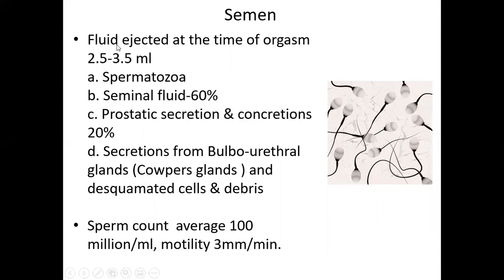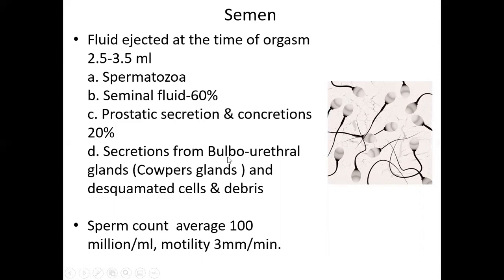And then for the semen, this is the fluid that will be ejected at the time of male orgasm, and 2.5 to 3.5 ml of semen will be ejaculated. This fluid contains the spermatozoa and also the seminal fluid, which comprises 60%, and also prostatic secretion, which comprises 20% of the fluid that is ejected.